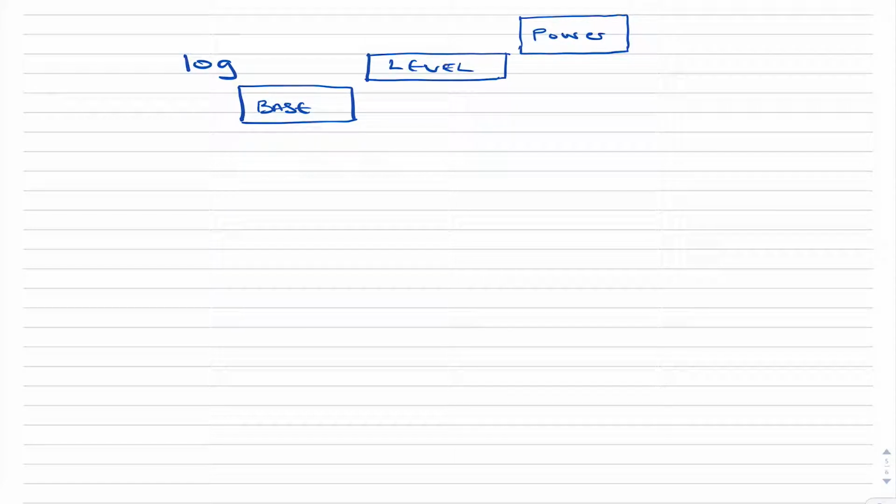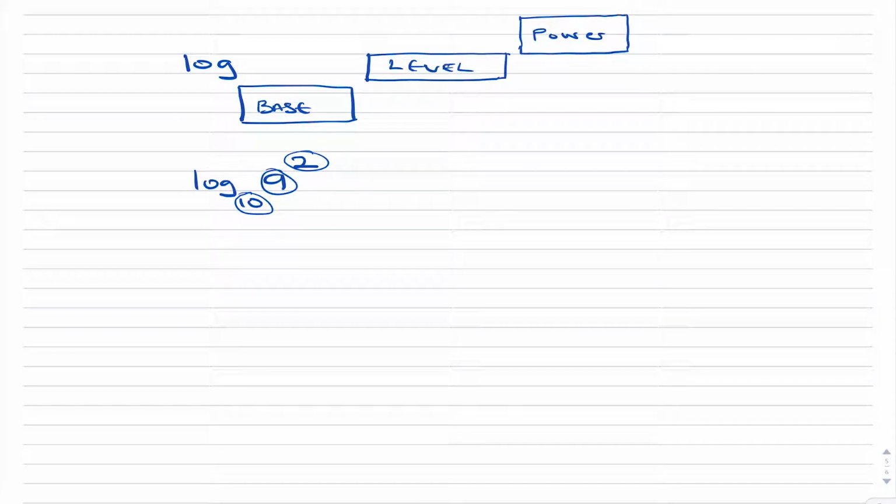When we write a log of base 10, so we could write log of base 10, which is the base, and we could write 9 to power of 2. So that's one way of writing log. So you can see the 10 here is the base, 9 is the level, and 2 is the power.